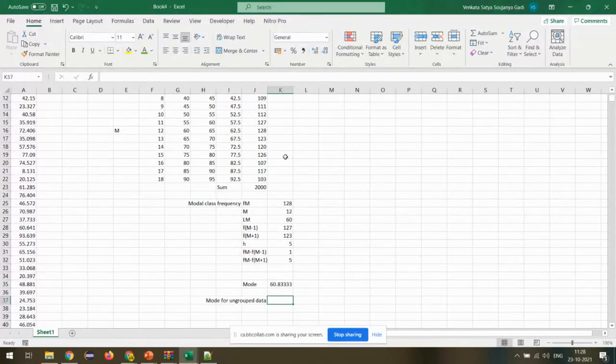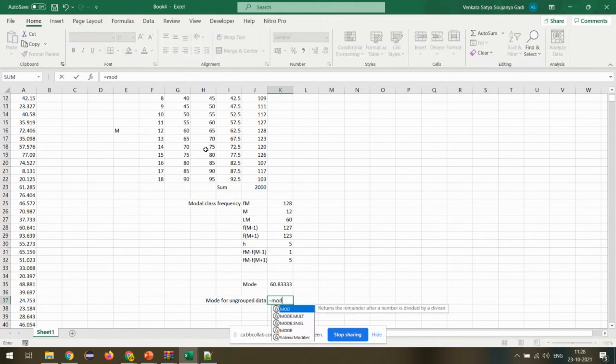When the variable is continuous, meaning it keeps changing, there is a possibility that two numbers repeat, but that is completely lost when you take the upper bound and lower bound. So the result will be very different. Let's see if there are multiple modes for the ungrouped data.